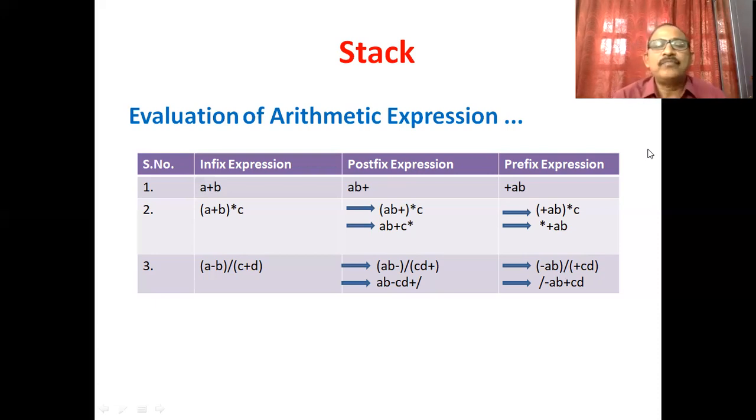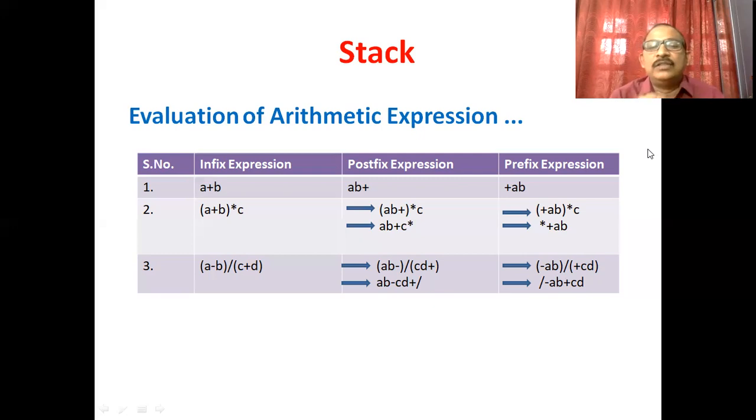Now let us take another infix expression: A minus B, divided by, C plus D. First we convert A minus B into a postfix expression. It becomes A B minus. Then we convert C plus D into a postfix expression. It becomes C D plus.